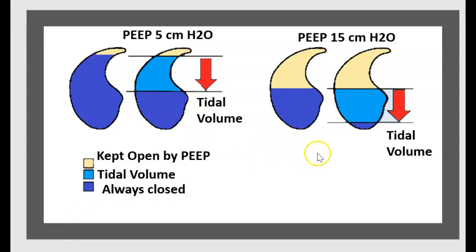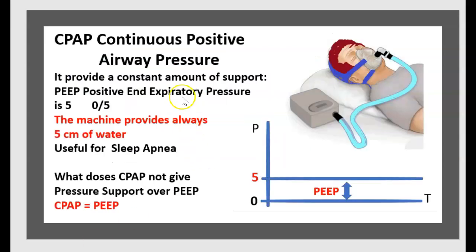Because there is a recruitment of alveoli. CPAP always provides a constant amount of support. PEEP, positive end expiratory pressure, is 0 over a number. The machine always provides that number. In this case, it's about 5 centimeters of water. This is PEEP.